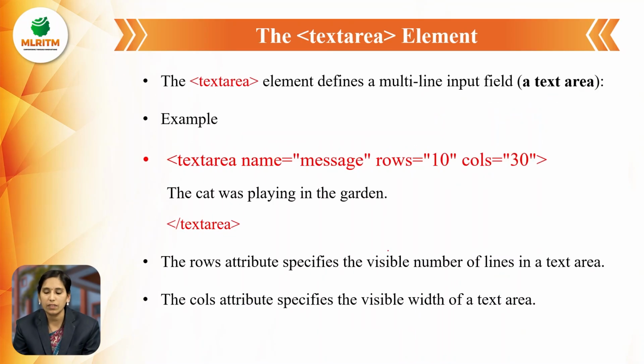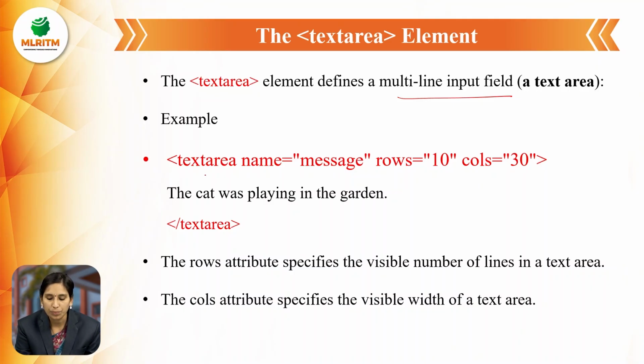So the next element is textarea. Previously we discussed the text field, where only a single line of input can be given. In this textarea element, it is a multi-line input field, so you have to enter multiple lines of data.